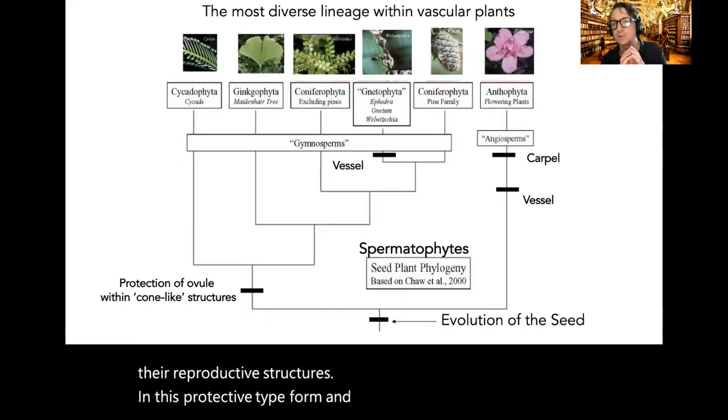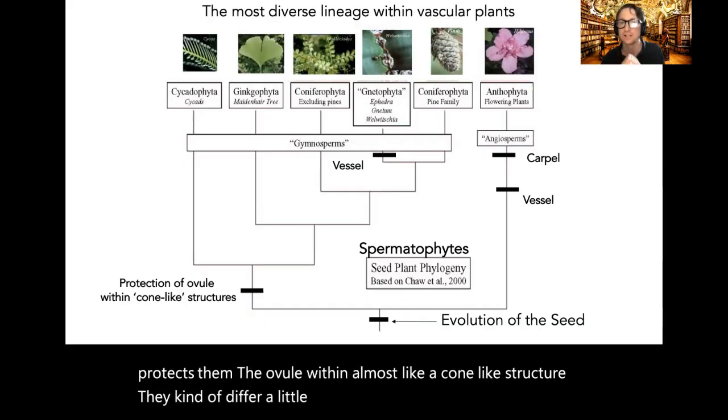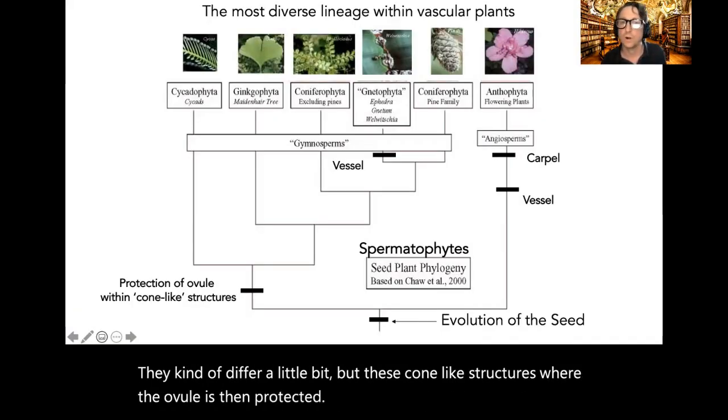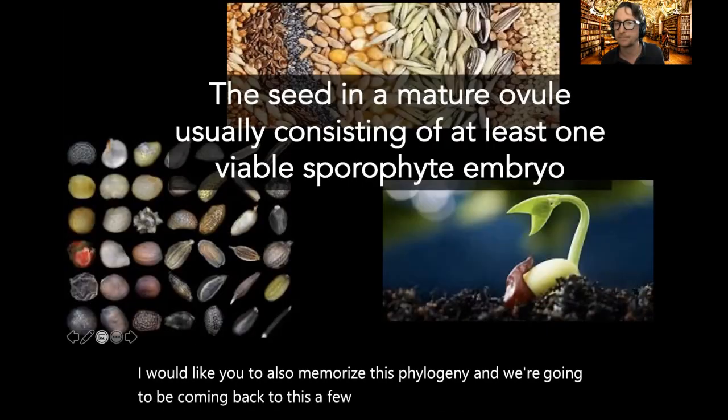There's the structure that protects the ovule within almost like a cone-like structure. And they differ a little bit, okay? But these cone-like structures where the ovule is protected. So I would like you to also memorize this phylogeny, and we're going to be coming back to this a few different times.